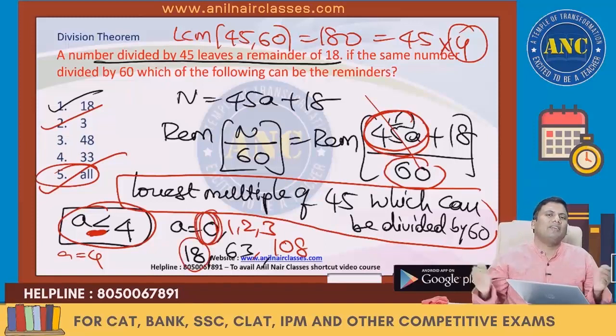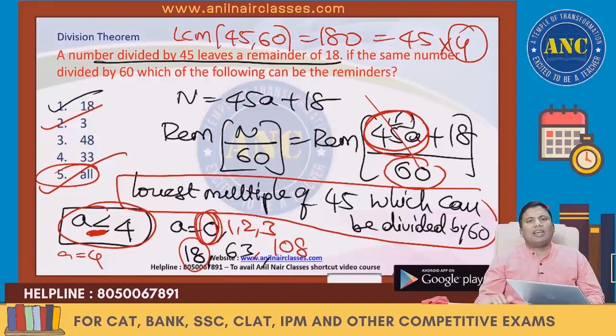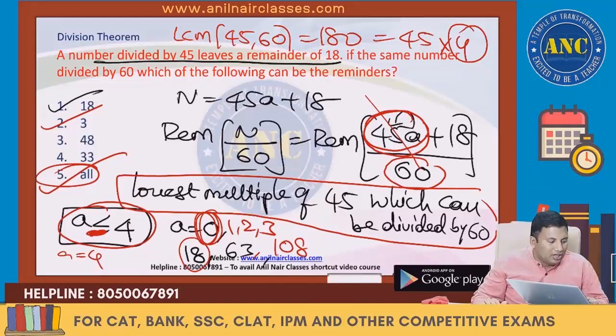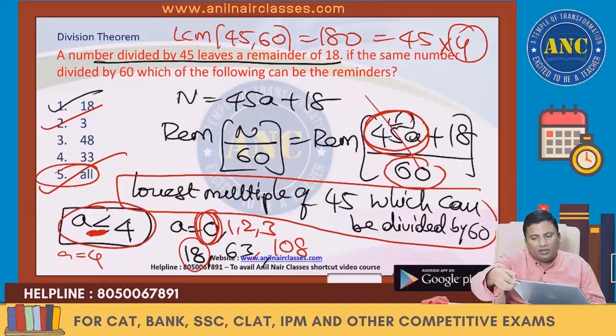Why will I take A value 4? If I take A value 5 and substitute, you will get the answer 63. Beyond 3, every other value gives a value which is derived from 0 to 3. So by straightforward reasoning you can tell that the A value is less than 4.